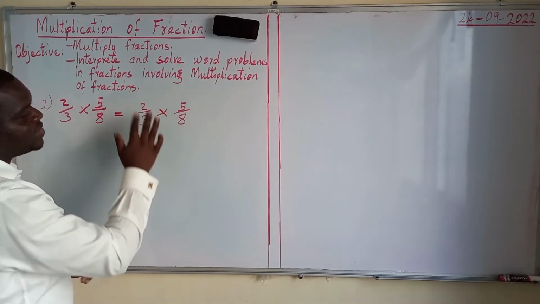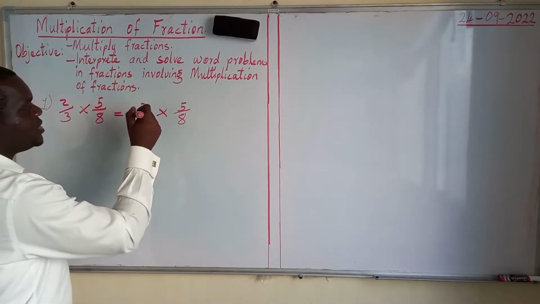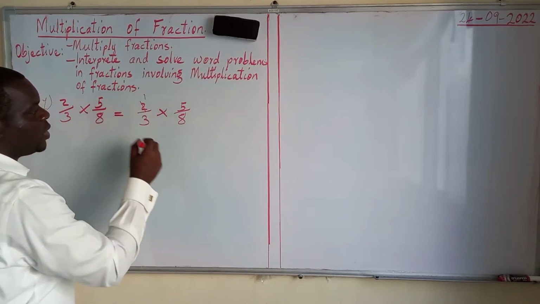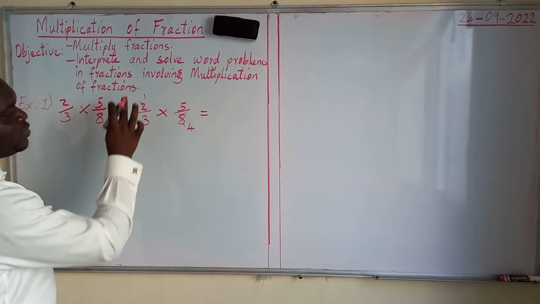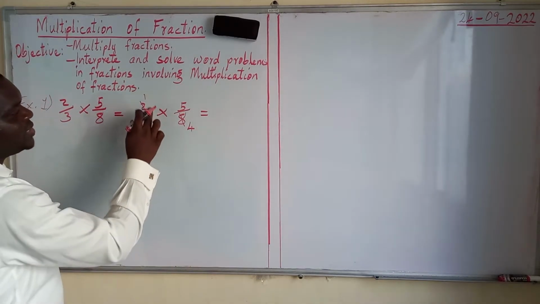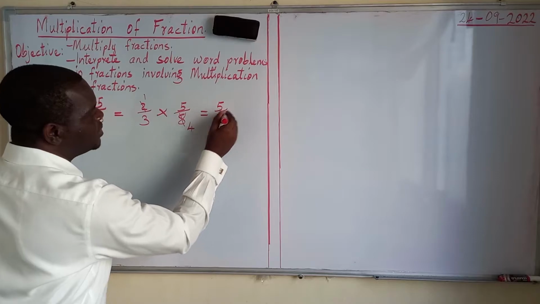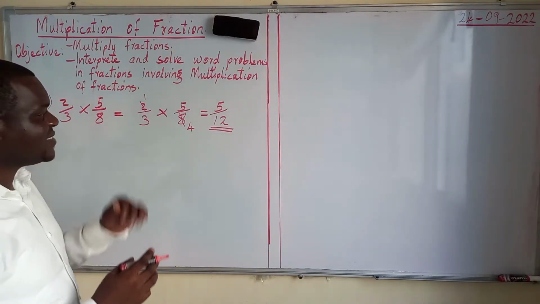Which numerator and denominator here have a common factor? You have 2 and 8. So 2 will divide itself 1 time, and 2 will divide 8 4 times. Here we don't have any other numerator and denominator that can divide, and so we multiply across. 1 times 5 is 5, and 3 times 4 is 12. That is it as far as this is concerned.